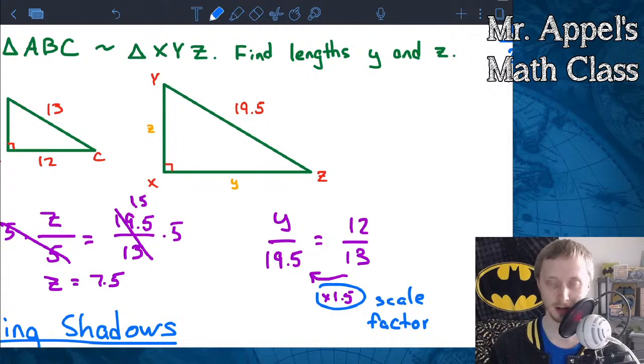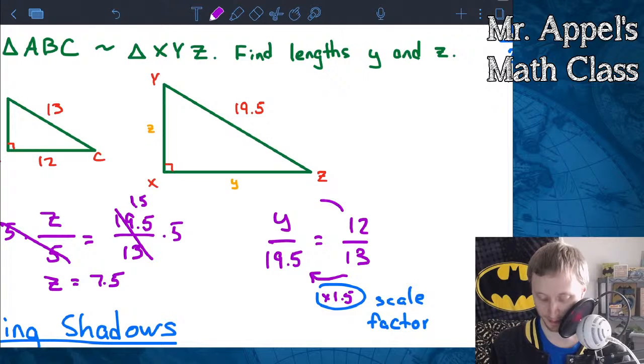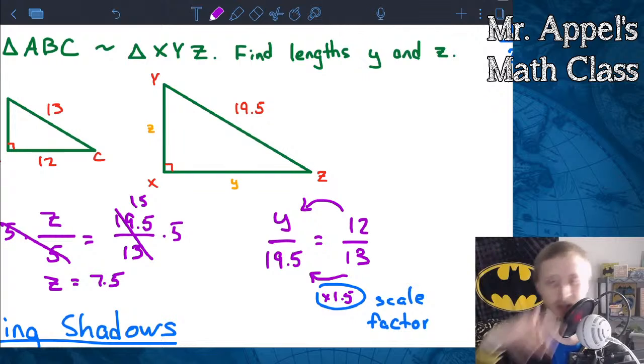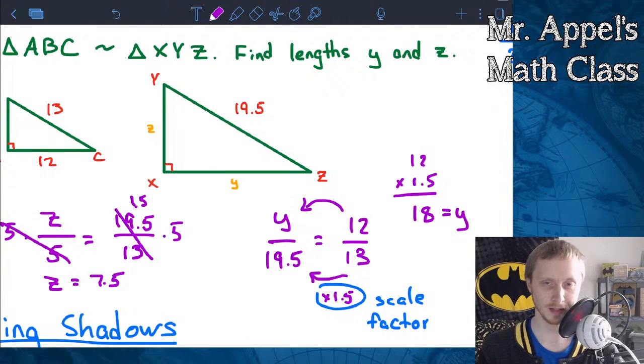How much bigger the other triangle is than the other, which means this has to be a matching scale factor. So I don't need to deal with solving the equation and all this. I just know, oh, this is times 1.5, so this needs to be times 1.5. So I'm just going to take 12 times 1.5. Half of 12 is 6. 12 plus 6 is 18. That's my answer.